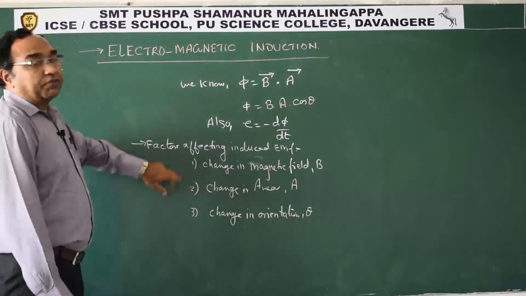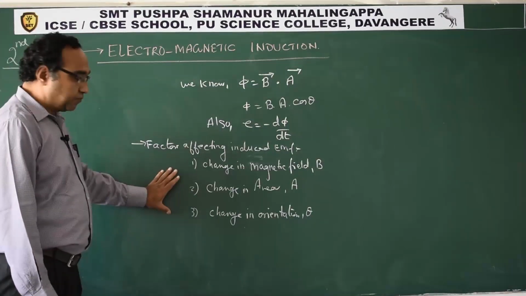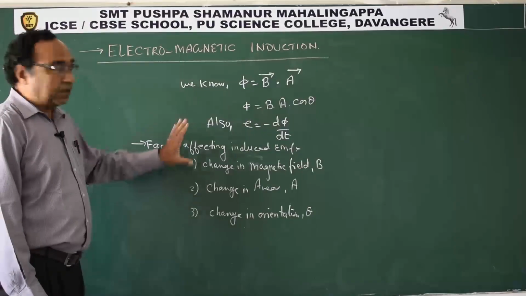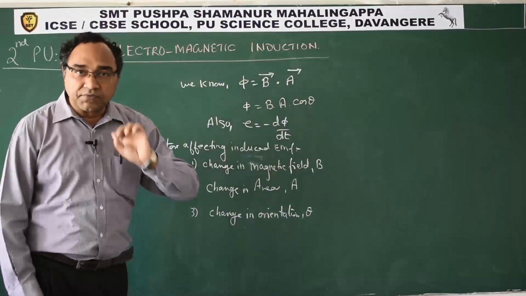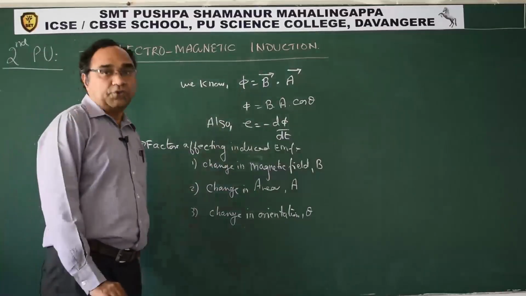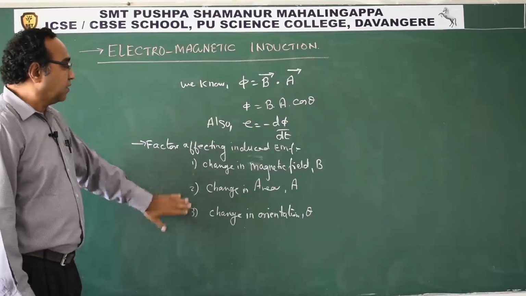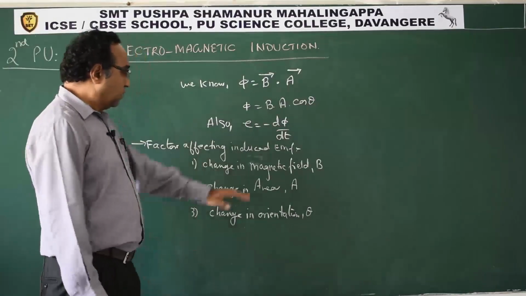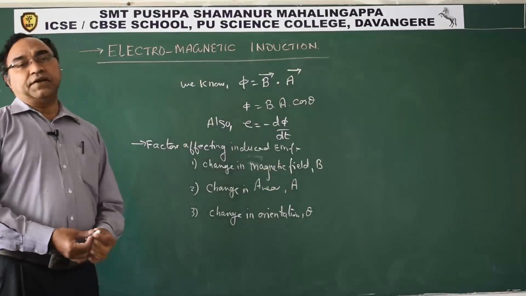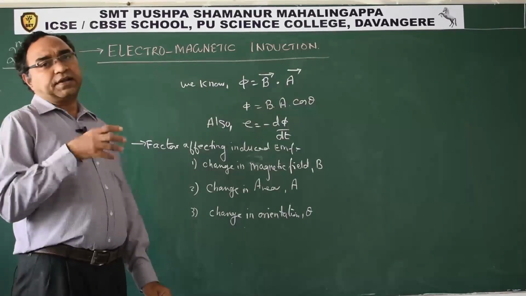These are the factors which are responsible for changing any one of the factors on which flux depends. One of the factors changes, EMF gets induced. That is exactly what we can call factors affecting. Now, first one, change in the magnetic field. Is it practically possible?